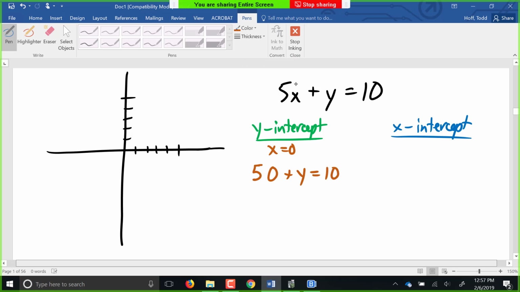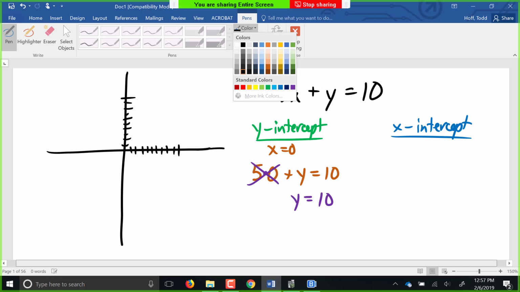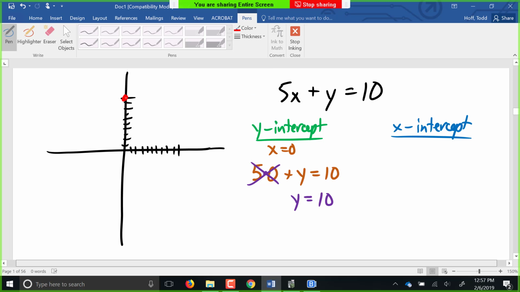And of course, that reduces. 5 times 0 is 0, just y equals 10. So the y-intercept is at (0, 10).